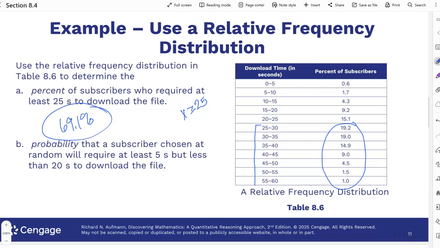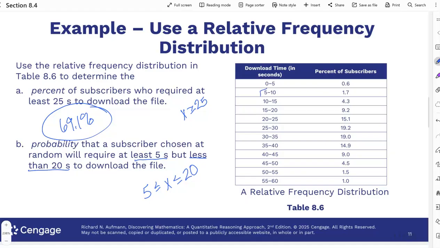B is asking the probability that a subscriber chosen at random will require at least 5 seconds, but less than 20 seconds. So let's figure out what part of the histogram, the frequency distribution, we really need to focus on here. We want at least 5, but less than 20. So if I were to write that as a mathematical statement, it would look like this, where I'm looking at numbers between 5 and 20.